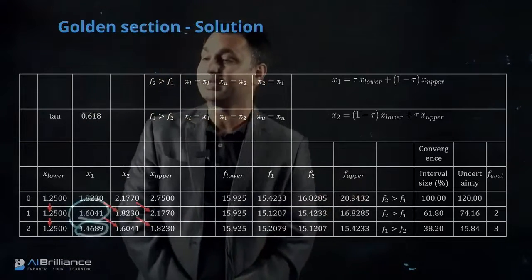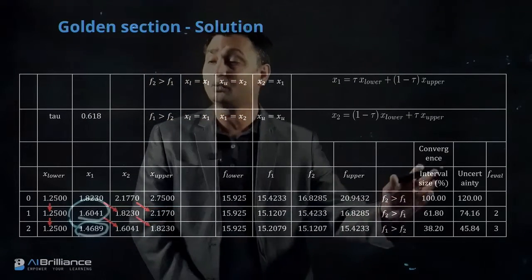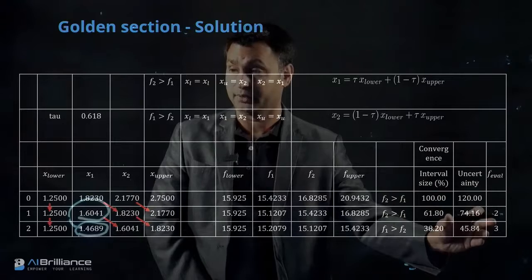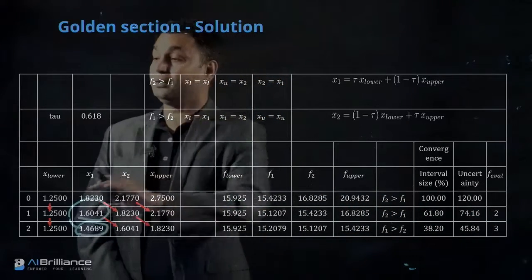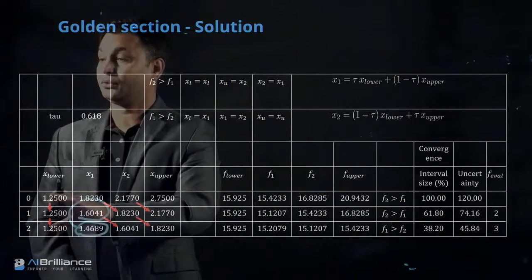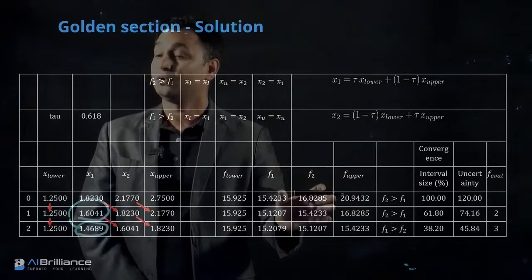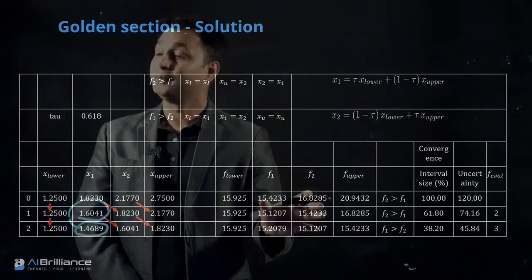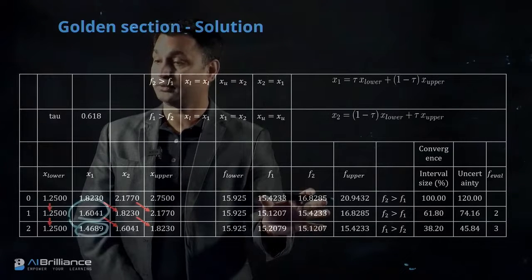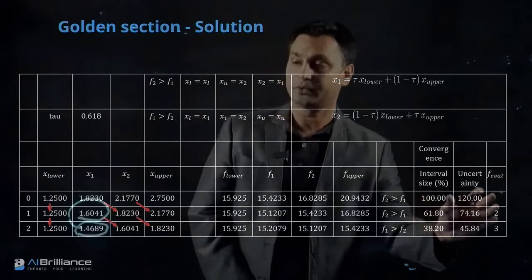Now one of the things that I want to mention is how many function evaluations we are doing, right? Initially, remember, when we started, we had x lower and x upper, and we had already sampled f lower and f upper. So in this first iteration, when we began, we did 2 more function evaluations, right? And this is how the overall algorithm started.